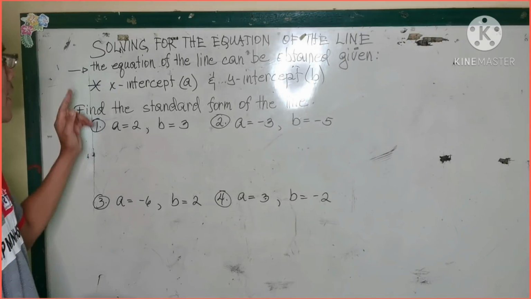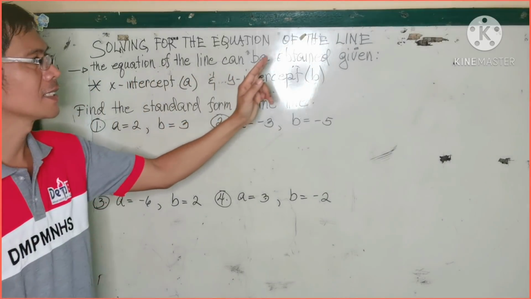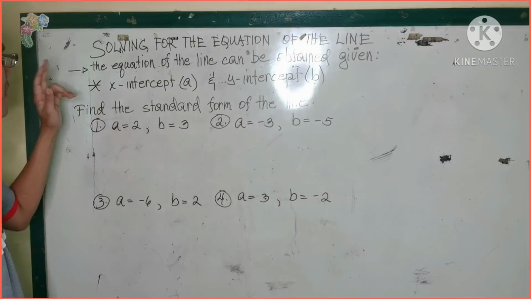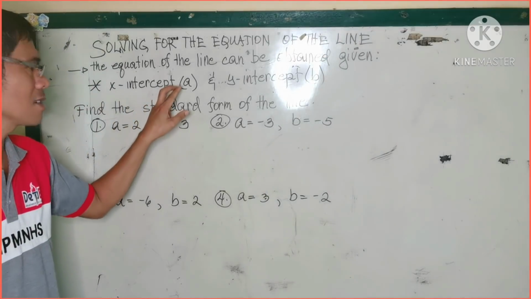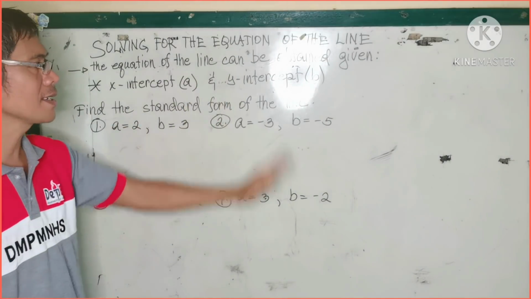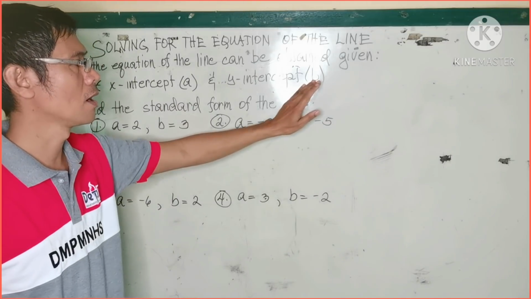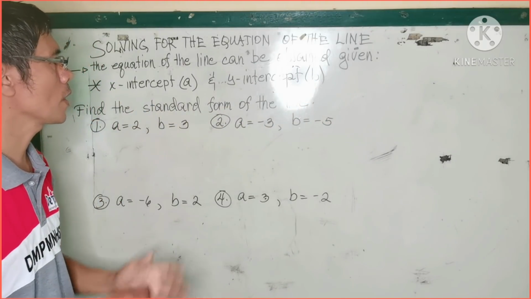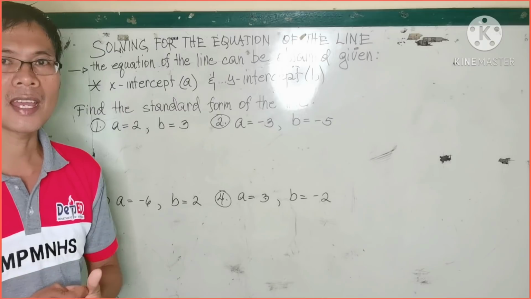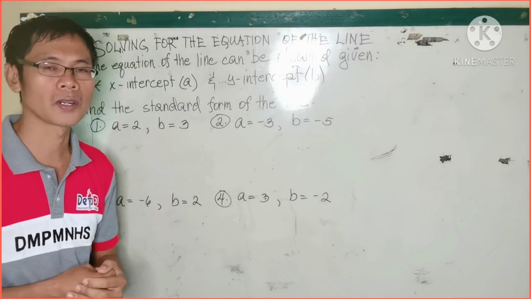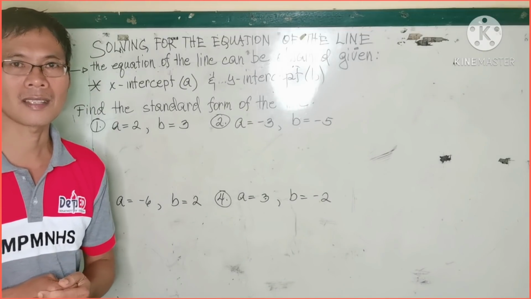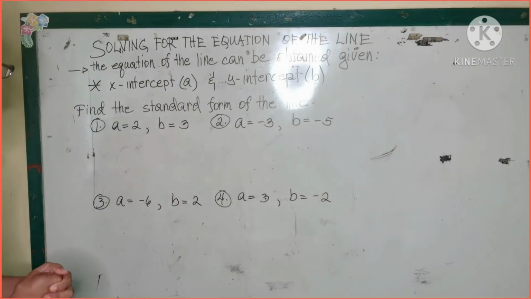And it says the equation of the line can be obtained given... So here we are going to focus on given the x-intercept, which is A, or the symbol for x-intercept is A, and y-intercept, which is your B. So solving for the equation of the line given the intercepts A and B. So how shall we solve for the equation of the line given the x and y intercepts? Let us try to consider this.